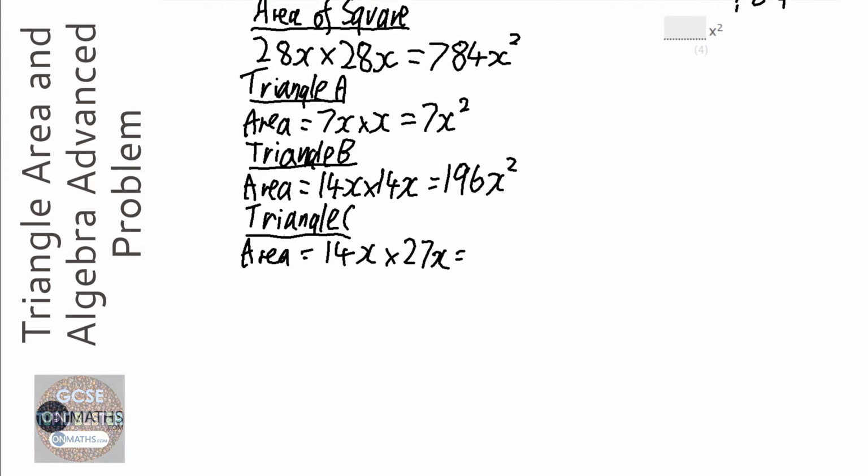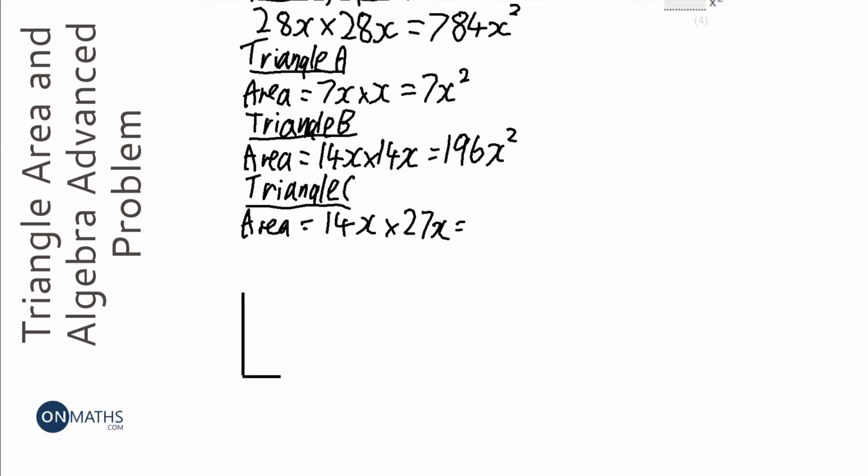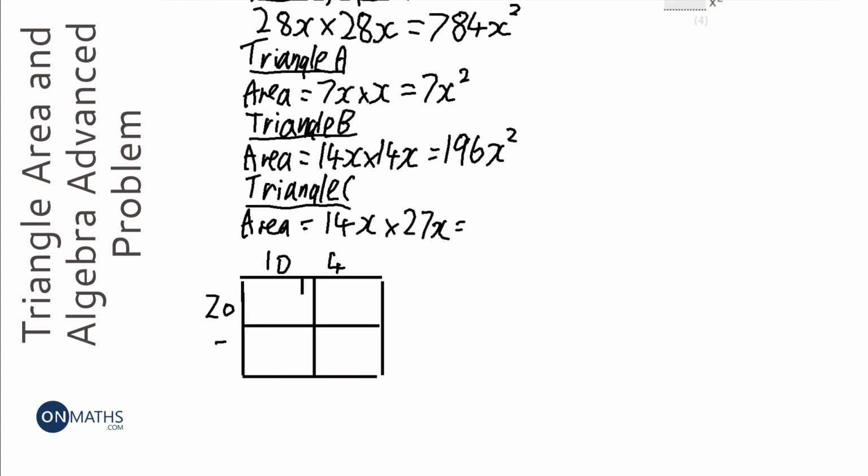I'll do it underneath, why not? Okay, so I'm going to do 14, so 10 and 4 times 27. Okay, so 4 times 7 is 28, 7 times 10 is 70, 4 times 20 is 80, and 20 times 10 is 200.